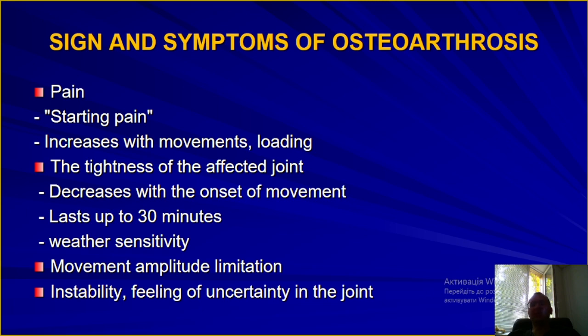It is caused mostly by severe destruction of interarticular structures, joint capsule, formation of scars, and so on. Then instability of the joints: the patient will tell you that they feel not sure of their joint. For example, when I want to run, or I am walking downstairs, I must think how to put my leg when I am going downstairs or upstairs.